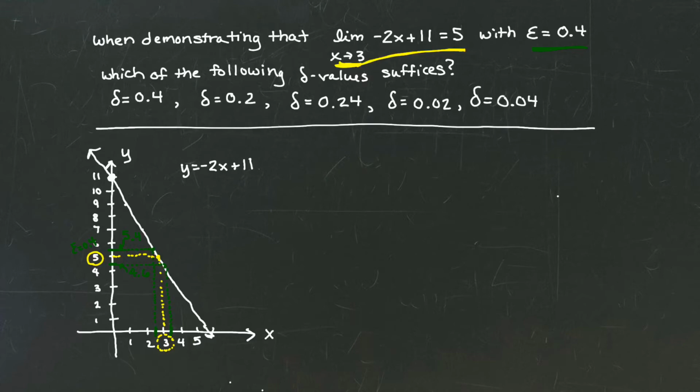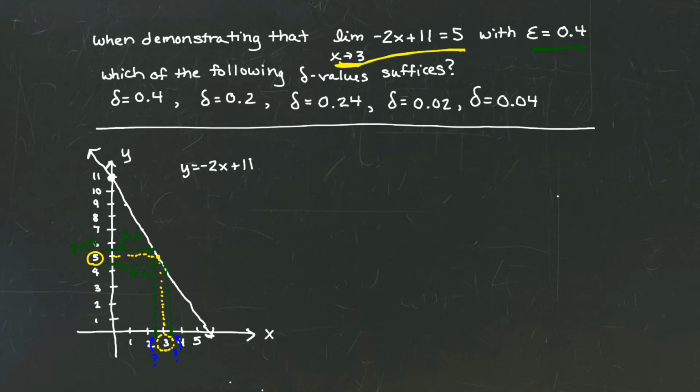The question is, what are those x values, and what is the distance between those x values and the value 3? Because that's going to be representative of our delta.